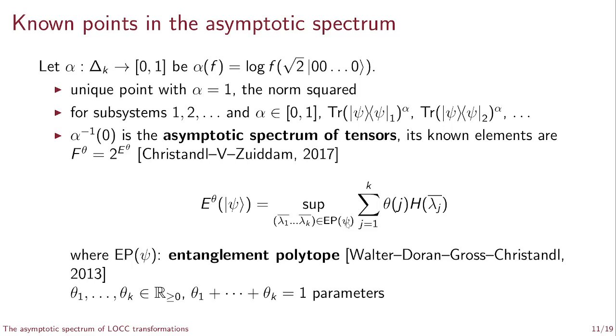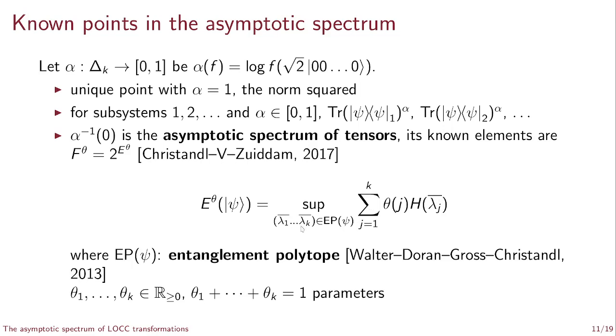So we act on psi by all the possible SLOCC transformations and take the resulting states, normalize them and collect the marginal spectra, so the spectra of each of the marginals in decreasing order, so that we get a polytope.